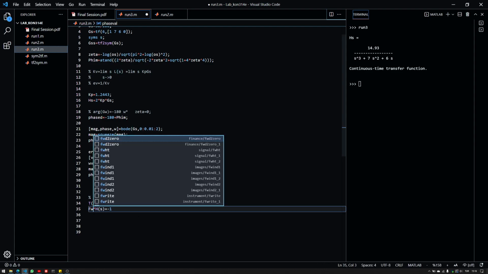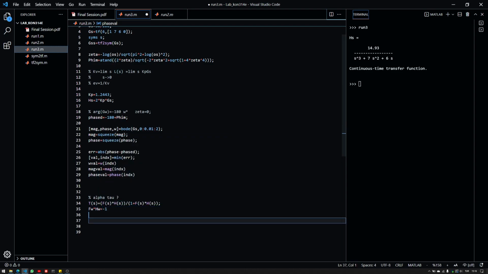Let's say F(jω) and H(jω), where s equals jω is plugged in here. And we concluded that the absolute value of this should be equal to 1, and the argument of that should be equal to minus 180 degrees.